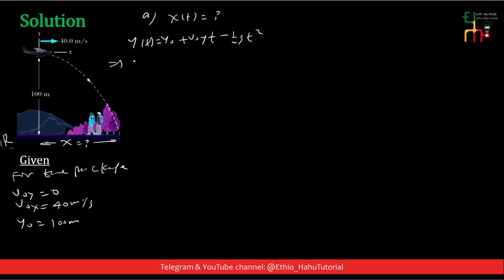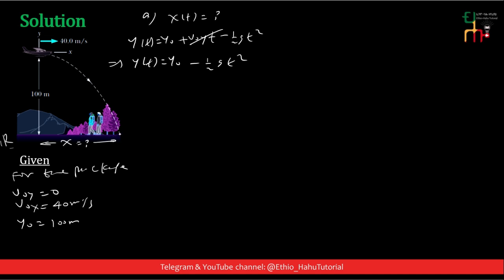This implies y of t is equal to y naught plus v naught y, which is 0 because v naught y is 0. Therefore, we are left with minus 1 over 2 gt square. Y naught is 100.